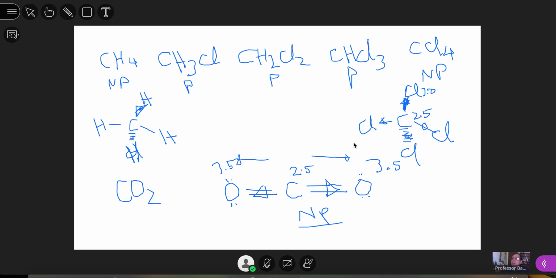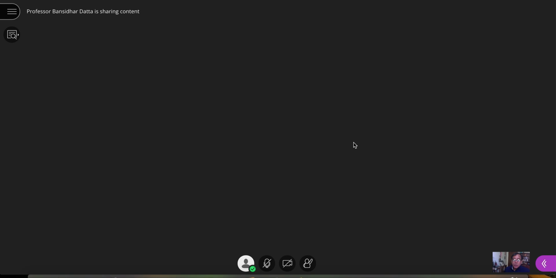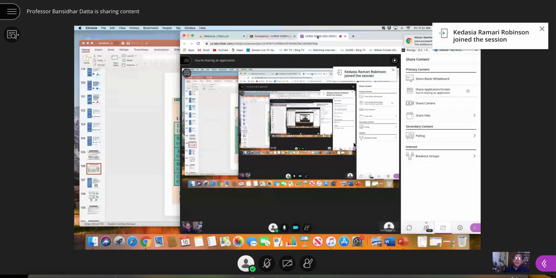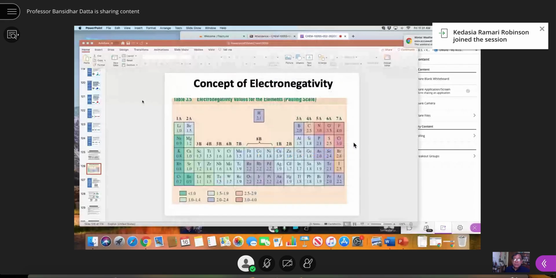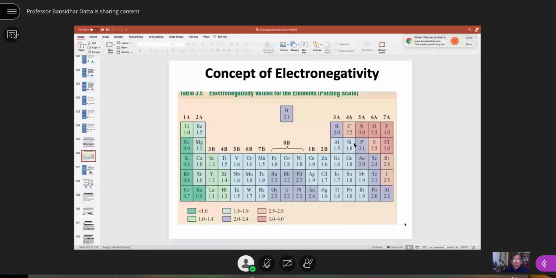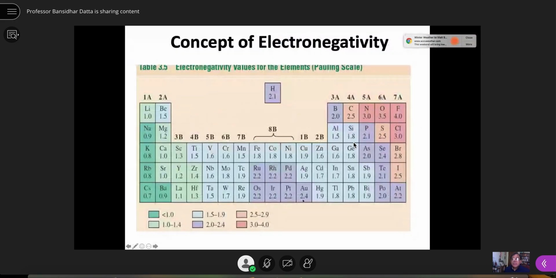Let's go back to the screen sharing, and we'll go to the summary of the molecules, and we modified the statement based on our observations. You tell me what you see from here, okay? Let me put it in full screen and use my pen. This one you already know, the table.